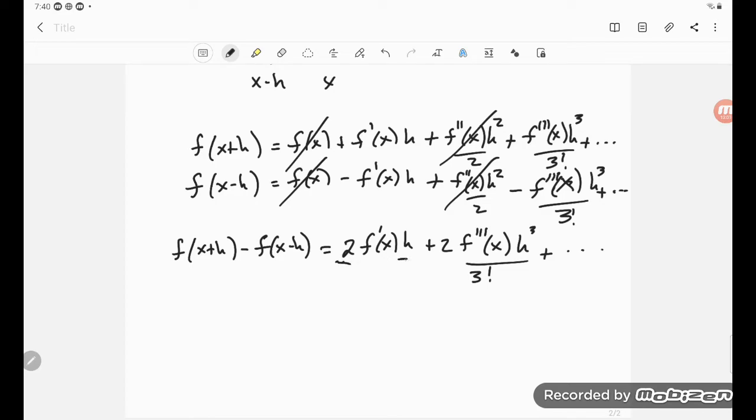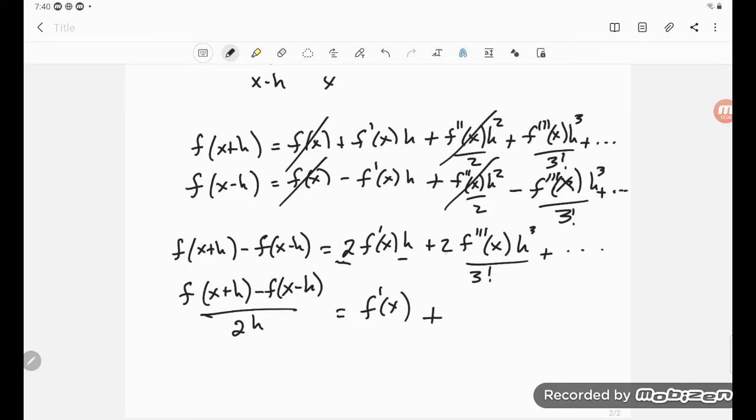Now, if I divide both sides by 2h, then you see I get my f prime of x plus, and notice here I divide by h, so I'll get an h squared.